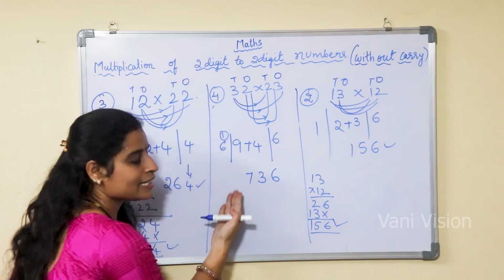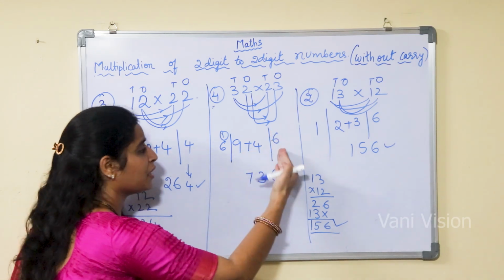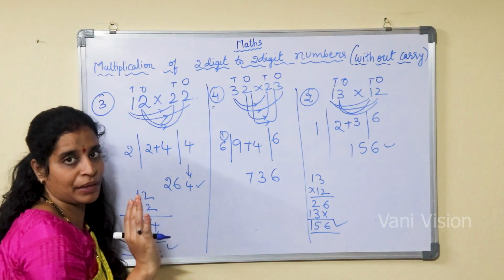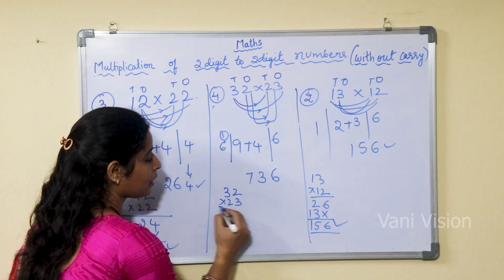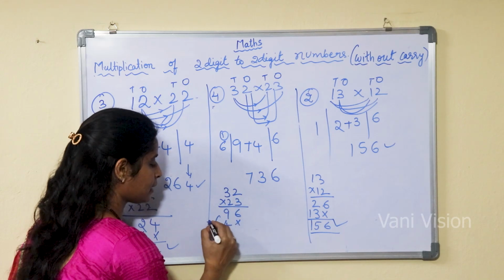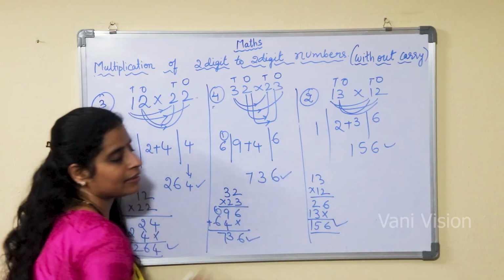Only one carry is here, so it is quite easy. If we get clumsy, like here also carry, here also carry, here also carry, that we are going to learn in our next upcoming video. Generally we add this 6, 9, 2 2s are 4, 2 3s are 6, then 6, 13, 7. So 736.